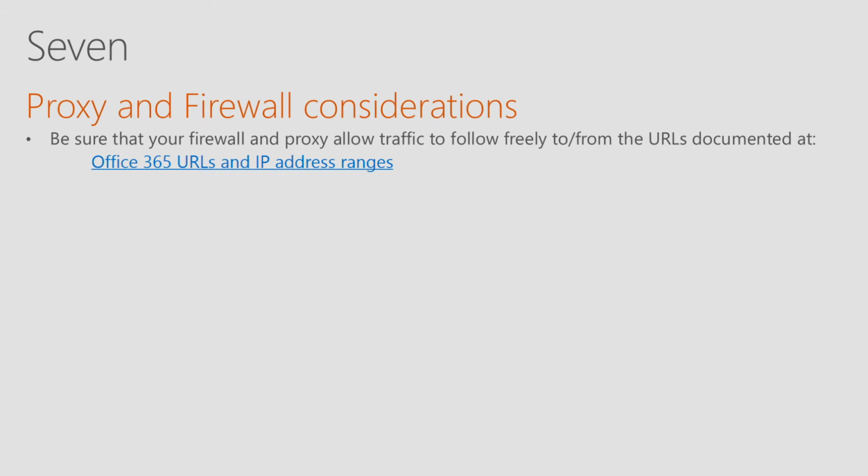And I feel we have done a pretty good job in documenting the URLs and ports that you have to keep open for that communication to occur seamlessly. I think the most common issue that we see in this regard is one particular URL or a certain port has not been enabled through your firewall or proxy, and therefore that traffic gets blocked and you get an activation error or you get a download issue. So make sure to look at this list of different URLs.